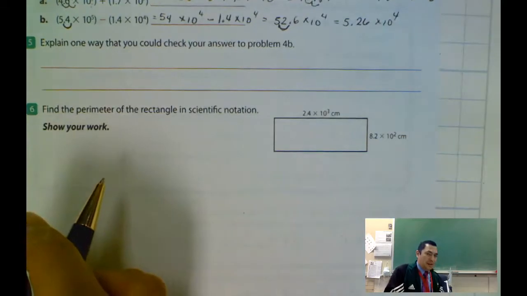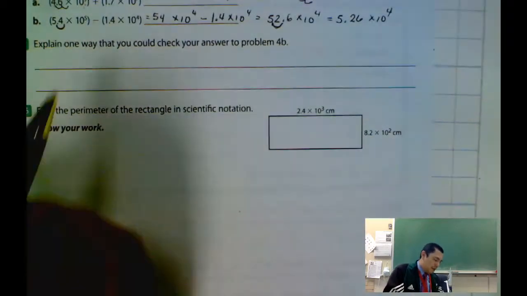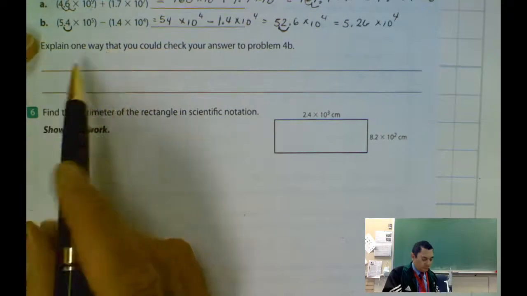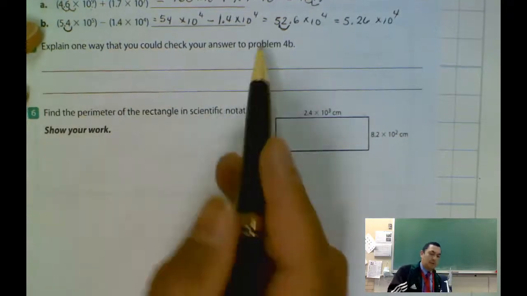In this case, they are asking you to explain one way that you could check your answer in problem 4b.